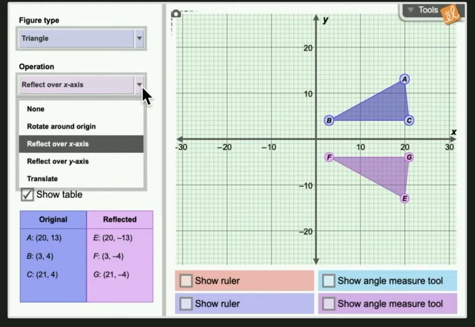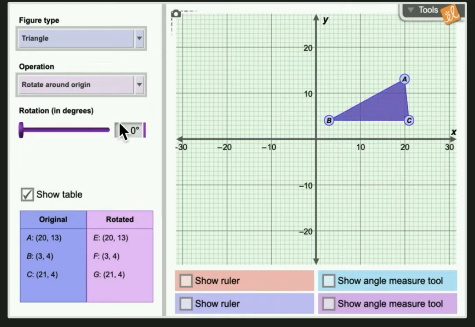Finally, we have a rotation. So a rotation about the origin is a turn. We're rotating a figure, we're turning it a number of degrees. So we could rotate it 90 degrees, which would spin the figure 90 degrees, with each point spinning around the center of the coordinate plane, the origin right here.